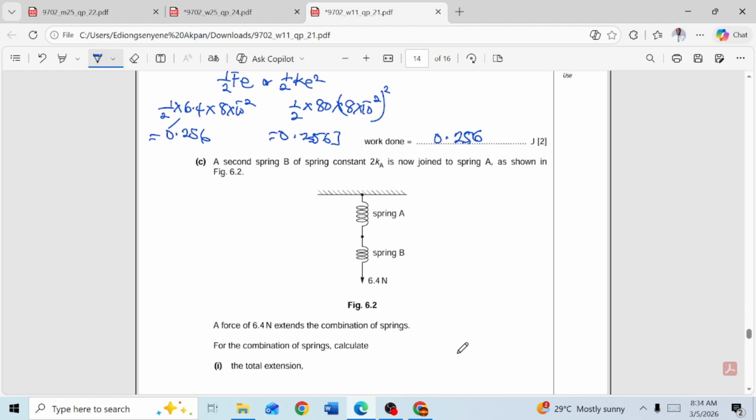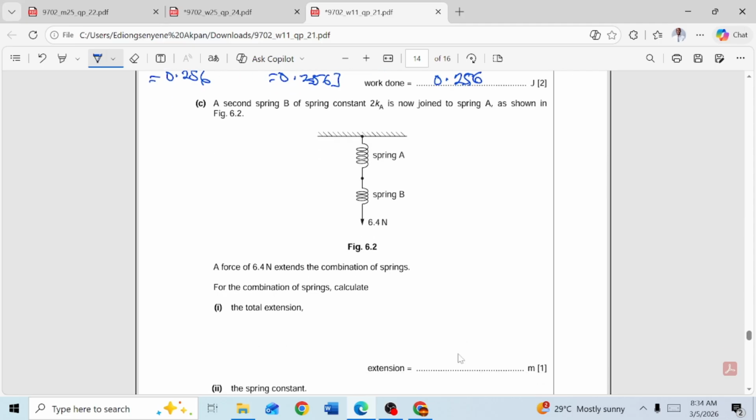Alright, the next question: a second spring B of spring constant 2Ka is now joined to spring A as shown. A force of 6.4 extends the combination of springs. For this combination of springs, calculate the total extension. We have two ways of calculating the total extension.